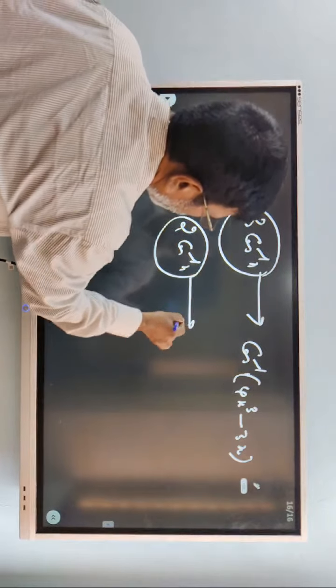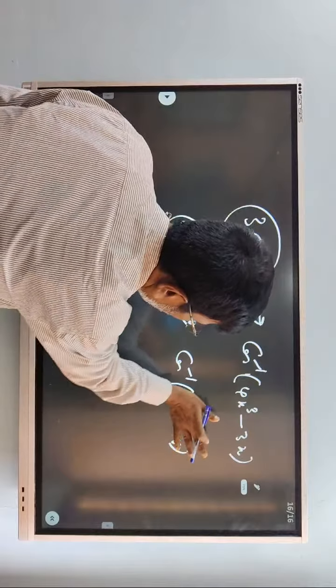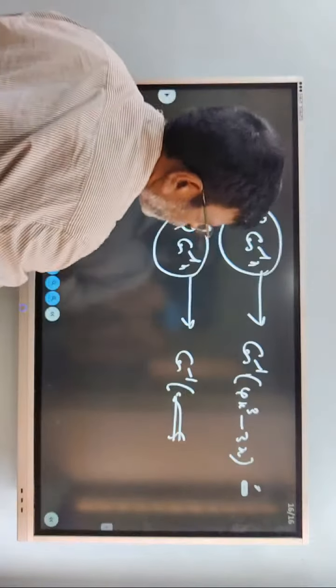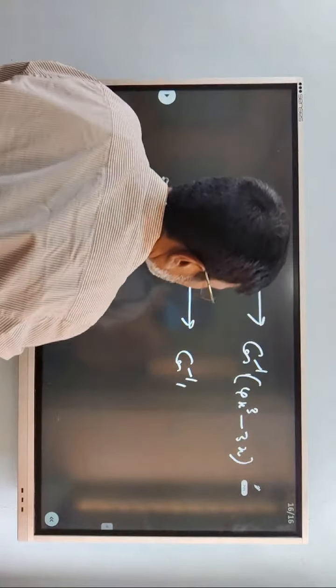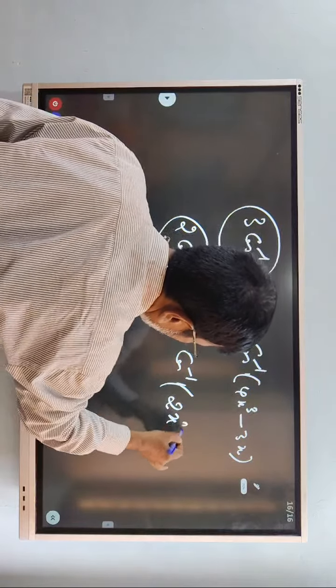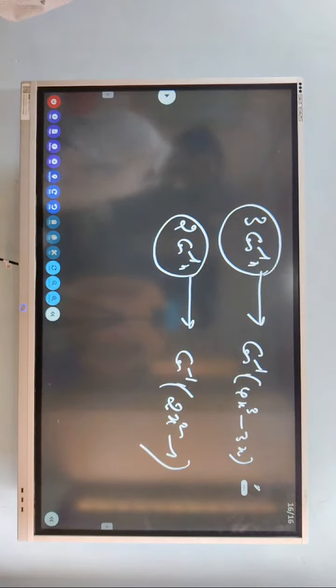The 2 cos inverse x formula is cos inverse of 2x square minus 1. So this is cos inverse 2x square minus 1. This is the advantage while solving the problems. So these are very important.